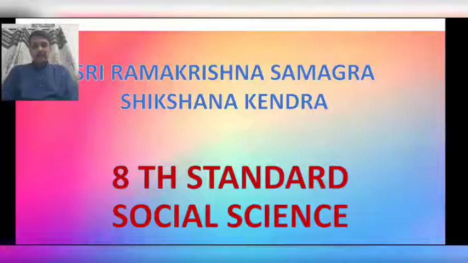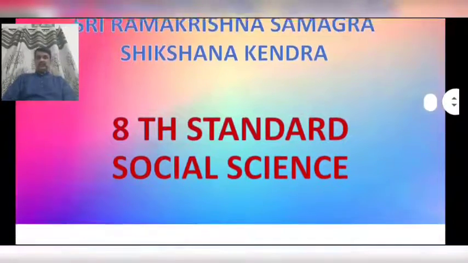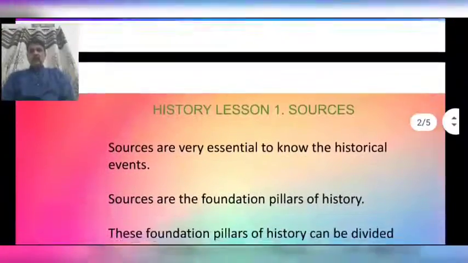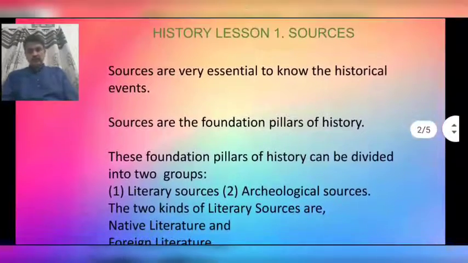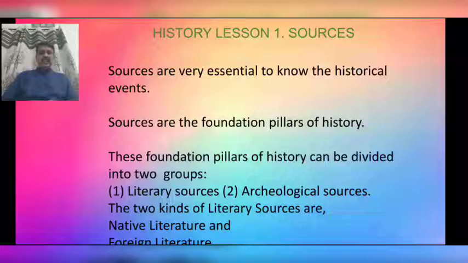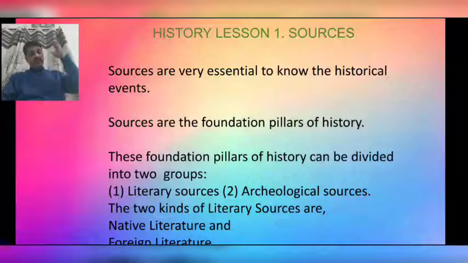Today I am going to explain the first lesson of social science: sources. What is a source? Human beings have created many facilities to lead their life since ancient times.